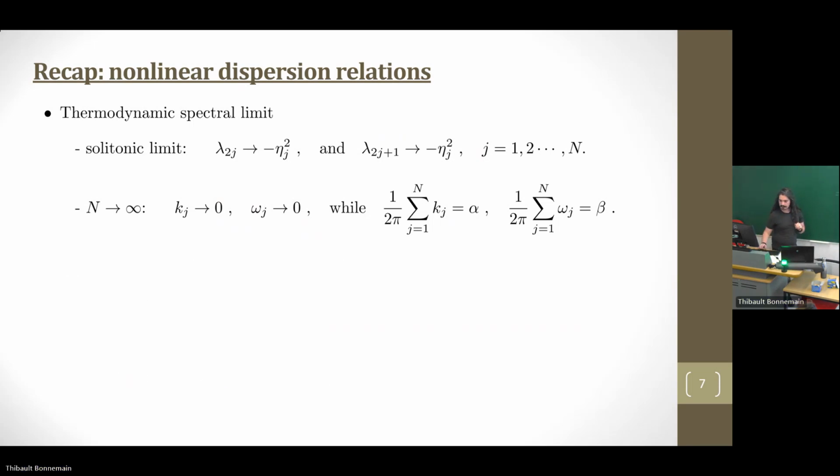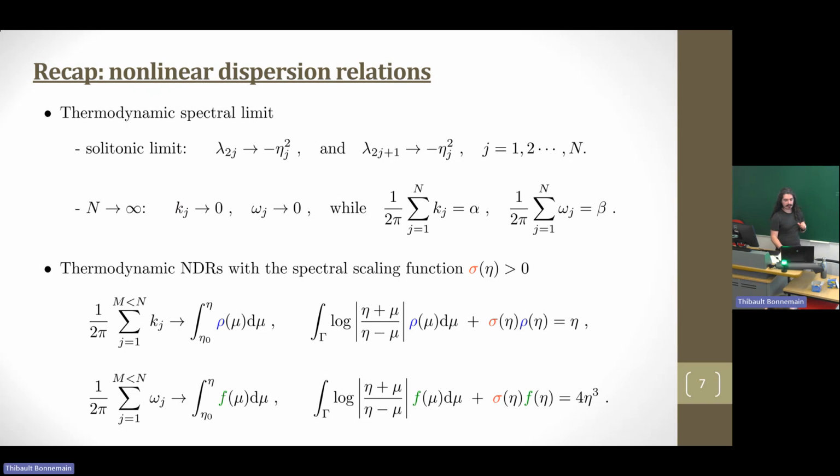Okay. Now we can reevaluate the nonlinear dispersion relation under this thermodynamic spectral scaling. If I define my density of states like that, because this has a natural interpretation in terms of the density of waves, you see that rho is indeed the density of solitons per unit length and per spectral flux.